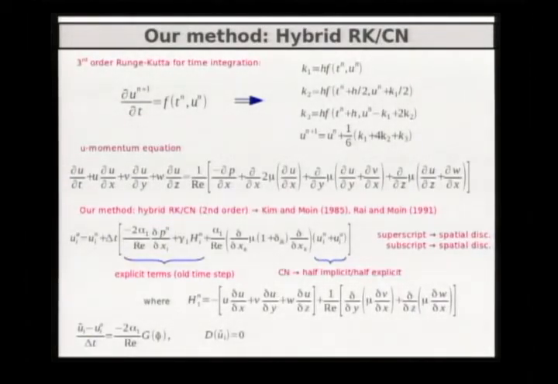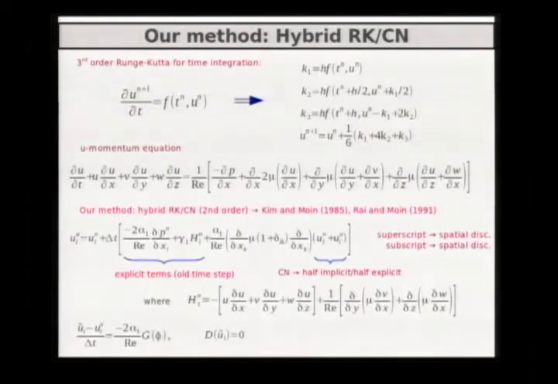So if we write the first component of our momentum equation here to try to discretize using both of the above schemes, here we see the Runge-Kutta scheme immediately, and the weighting of the predictor steps is done by the alpha and gamma parameters.